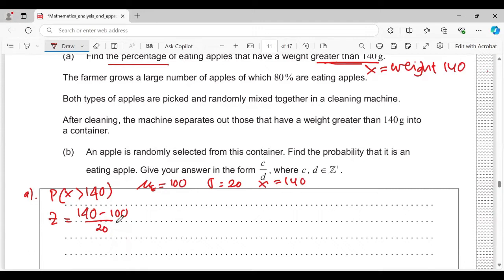So the formula to find z gives 40 over 20, which is 2.